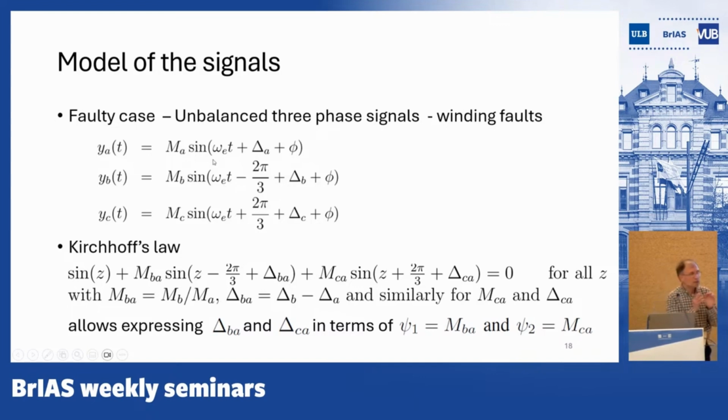But if we consider first the case where we have interturn short circuits or increase in resistance, we have seen that Kirchhoff's laws must hold. And that introduces an extra constraint, which means that these four variables can be expressed in terms of two independent parameters, which we denote psi1 and psi2 here.